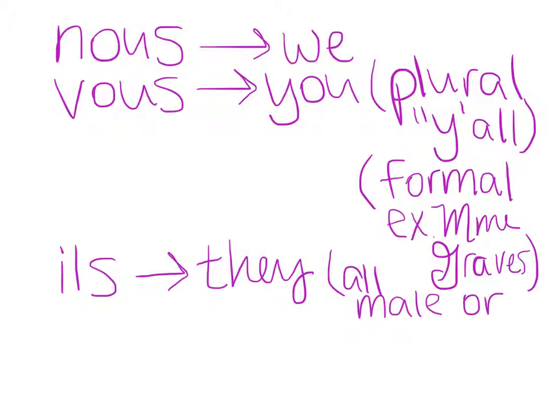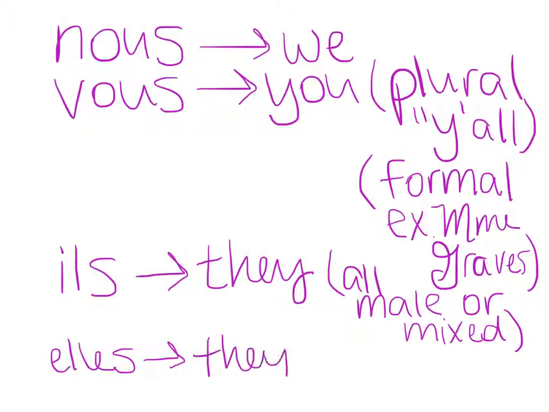So if you have some girls and some boys, and you're talking about them, they, you're going to use ils, so mixed group. And then the last subject pronoun in French is elles. This also means they, but this is for all girls. So if I were talking about you all, my students, I would use elles if I were talking about you.